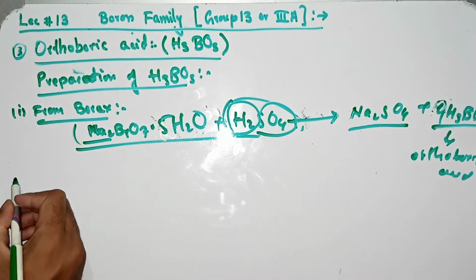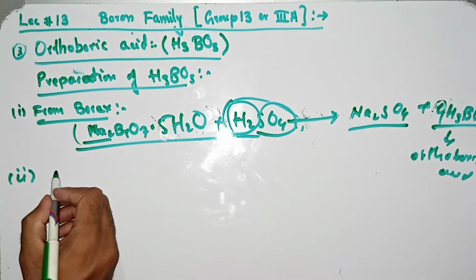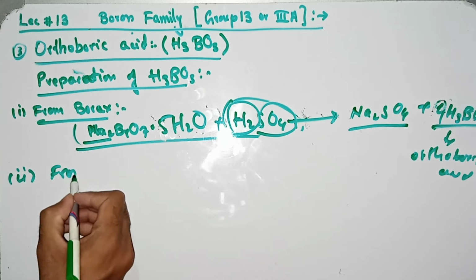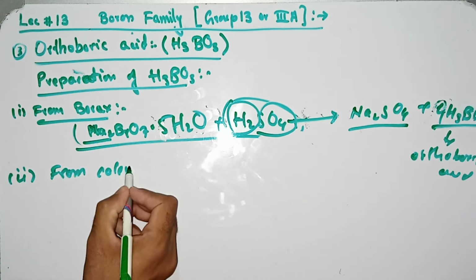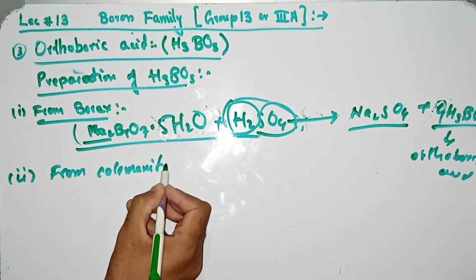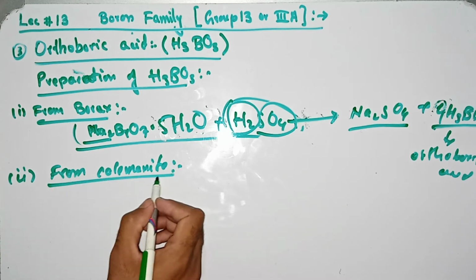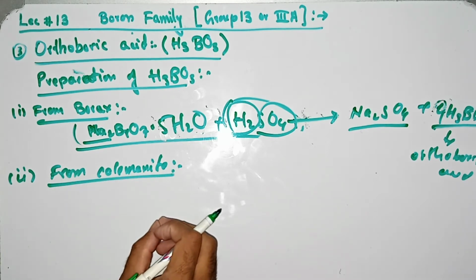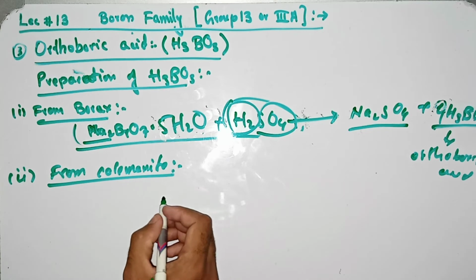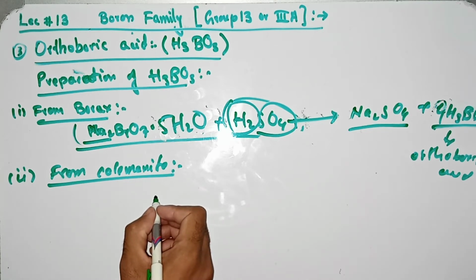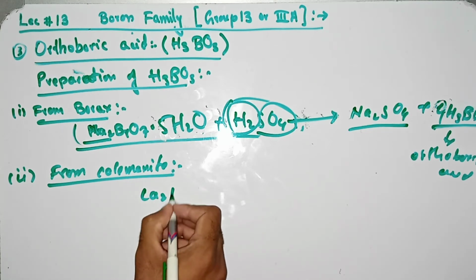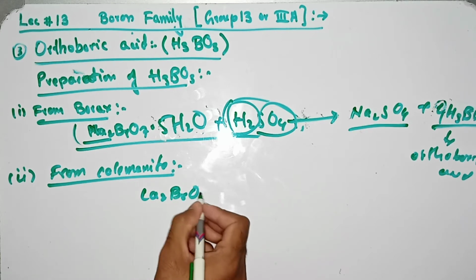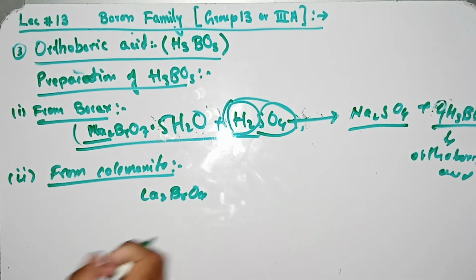Also orthoboric acid can be prepared from colemanite. How? A large quantity of boric acid is made from the colemanite mineral, Ca2B6O11.